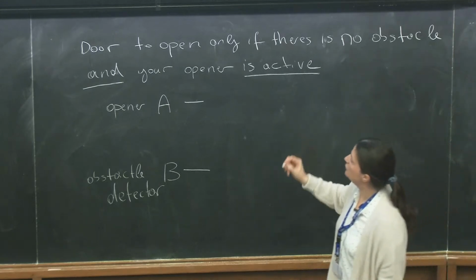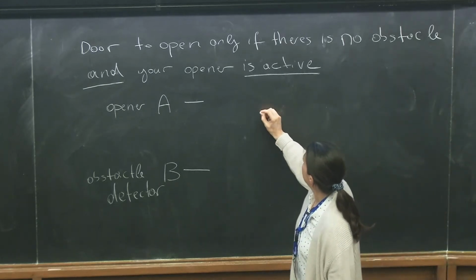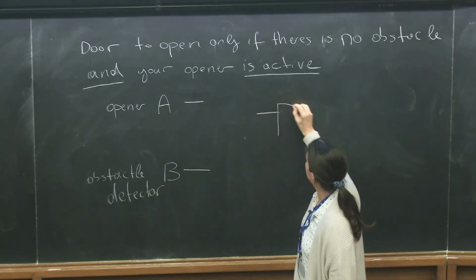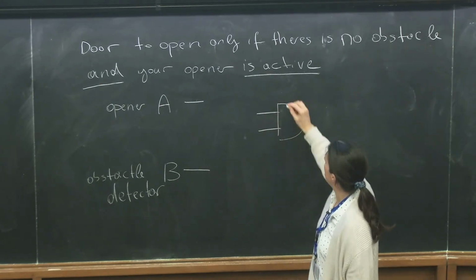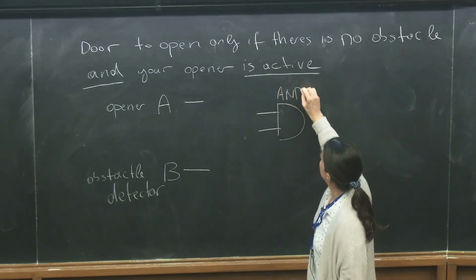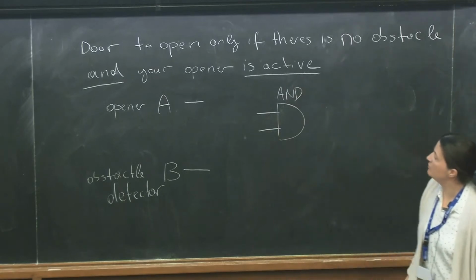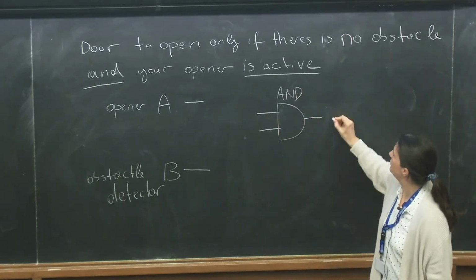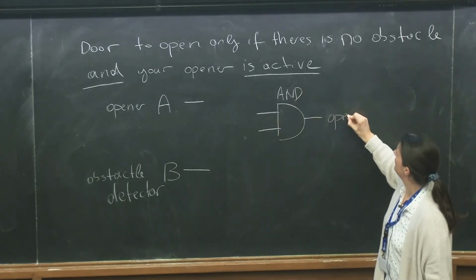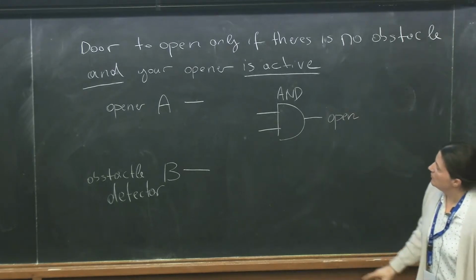In any case, at the end of the day, I want to have an AND gate, where both of them have to be 1 in order to get a 1 output to open or close.